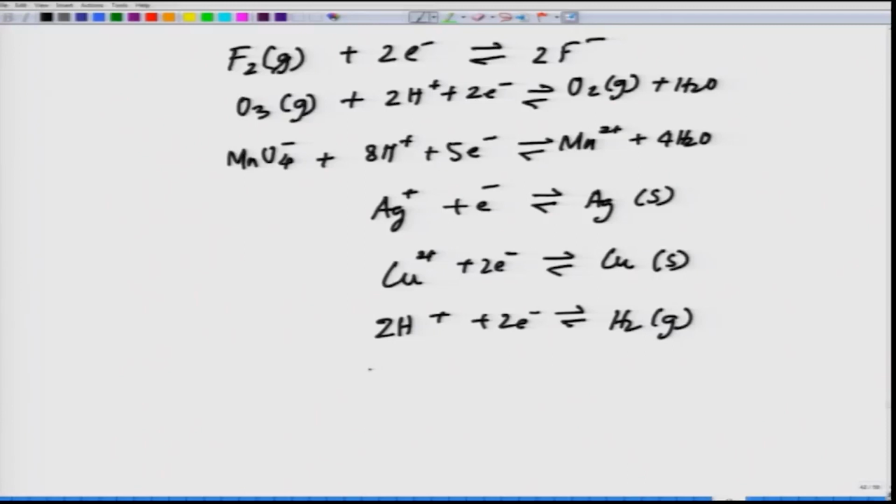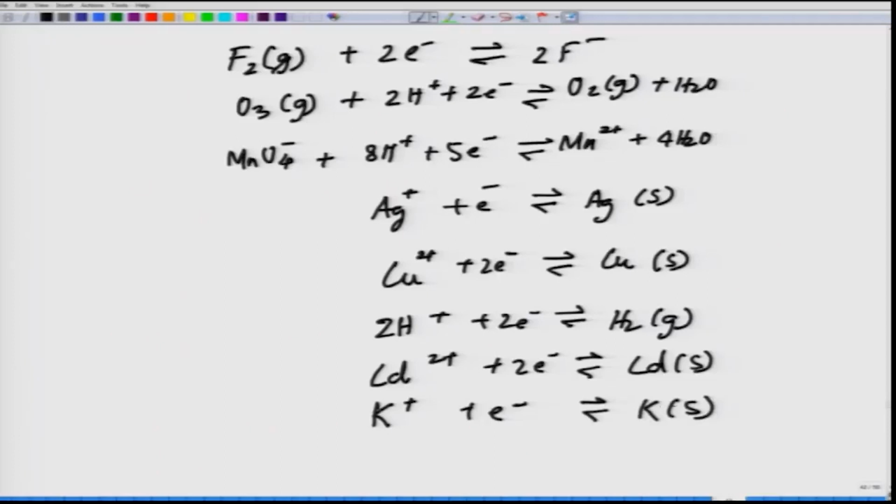Now cadmium 2+ plus 2 electrons, making it cadmium solid. Similarly, potassium+ plus electron, making it potassium solid. Similarly, lithium+ plus electron, making it lithium solid.